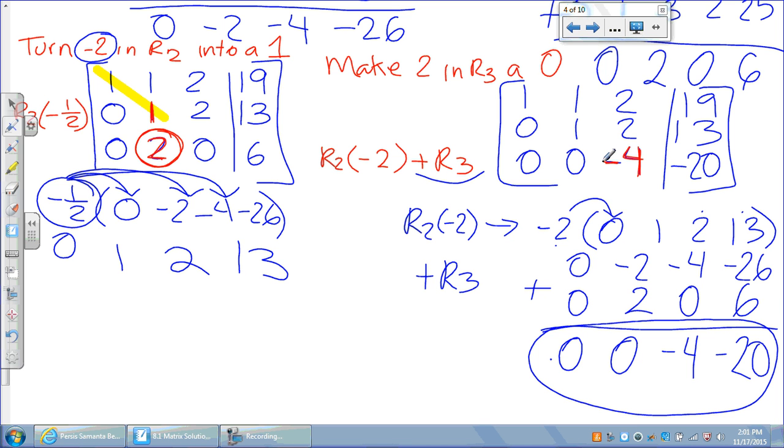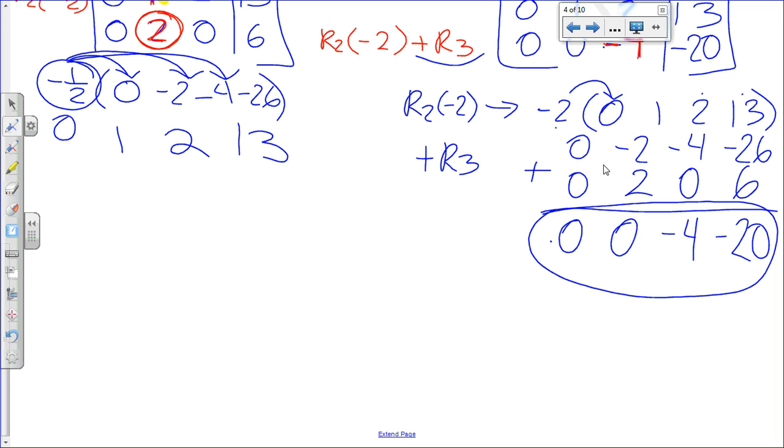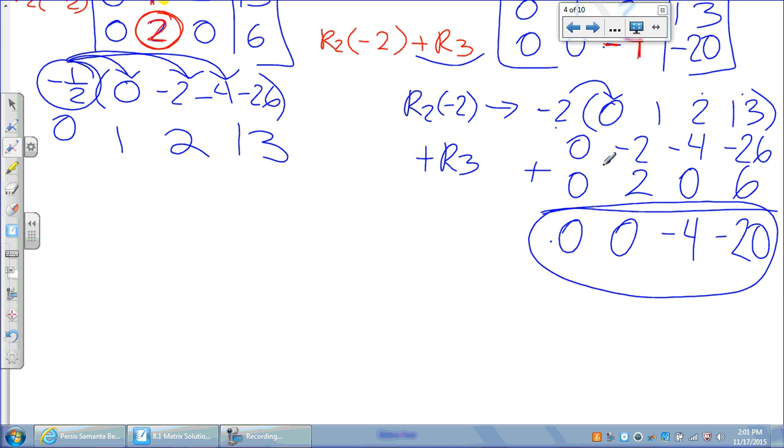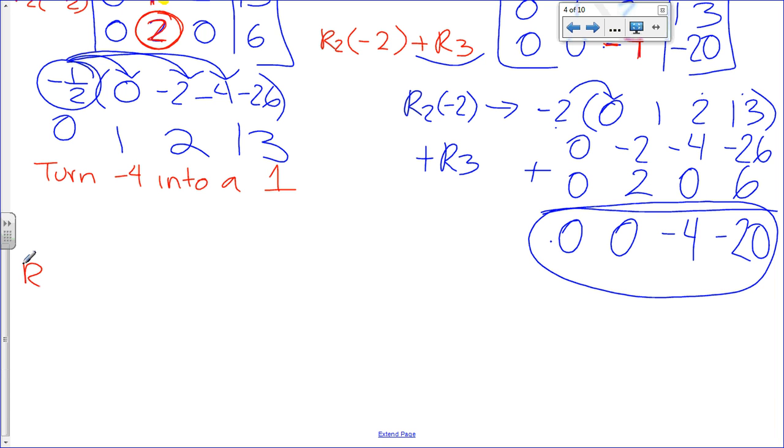All we need to do is multiply that row, actually the whole row, by its multiplicative inverse. So we have to turn negative 4 into a 1. Wouldn't it be 1 divided by 4? Negative 1 divided by 4, and we need to make it negative, so that we have negative times negative positive.